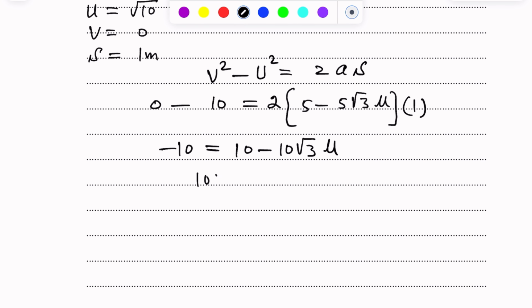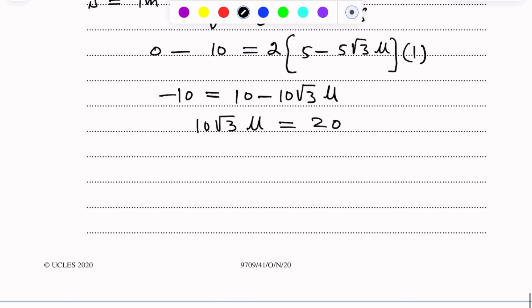So 10 under root 3 mu is equal to 20. Rearranging from here, mu will be equal to 20 over 10 under root 3. So we get finally the value of mu, that is 2 over under root 3.